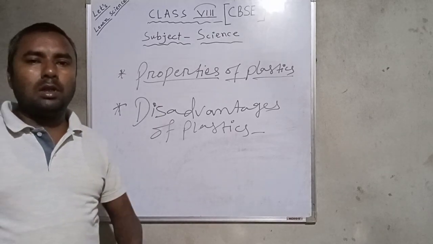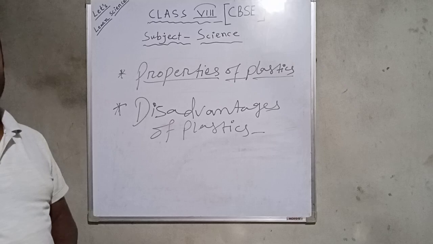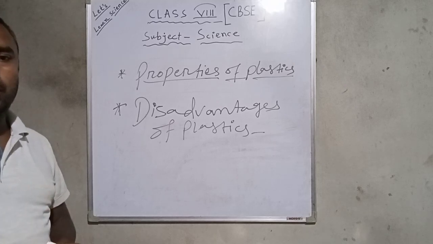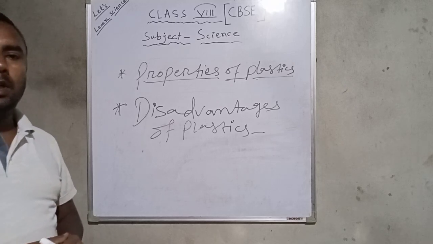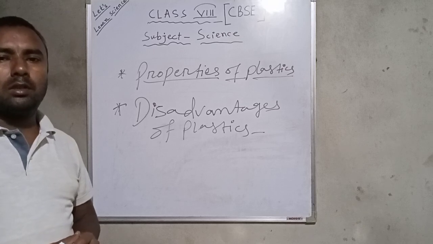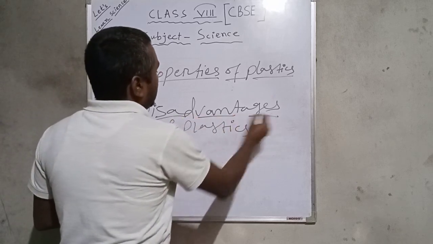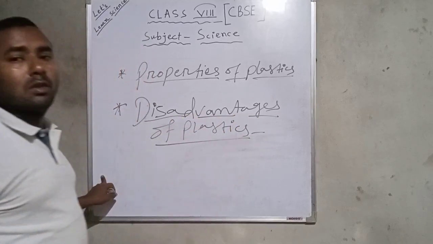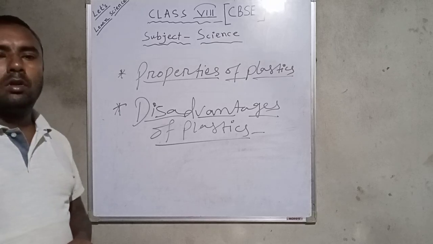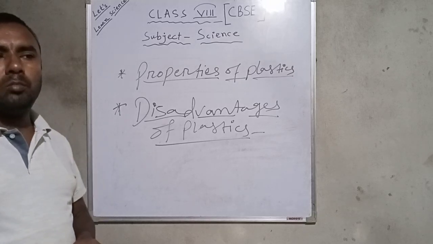Why do you often hear that we should avoid the use of plastic? Why is it often advised not to use plastics? There is a simple logic already. You know that plastic is a non-biodegradable substance.